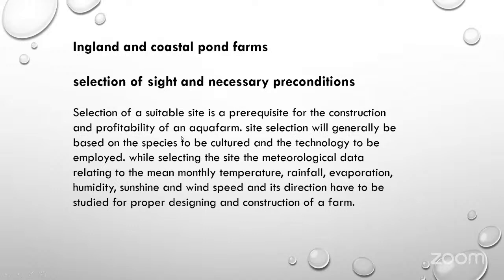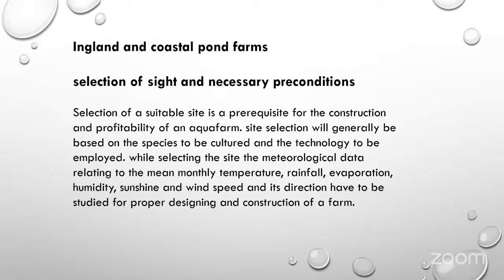If you look at inland and coastal pond farms, the first thing we need to see is selection of site and the necessary conditions that we need to think of. Selection of a suitable site is a prerequisite for the construction and profitability of an aqua farm.